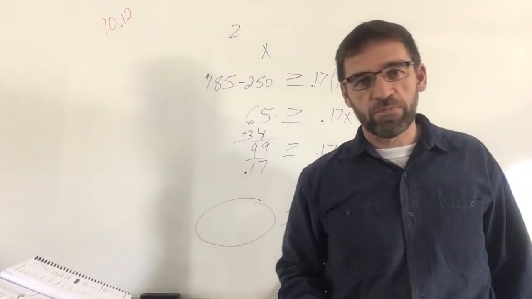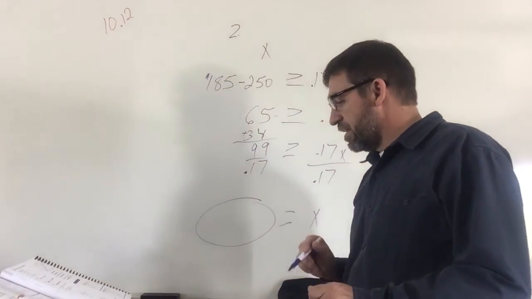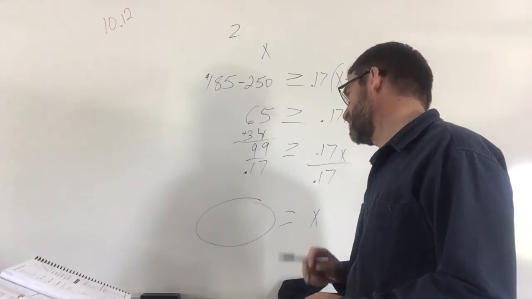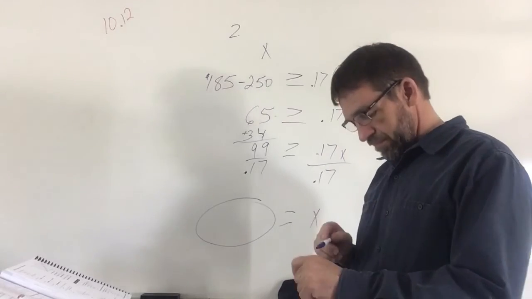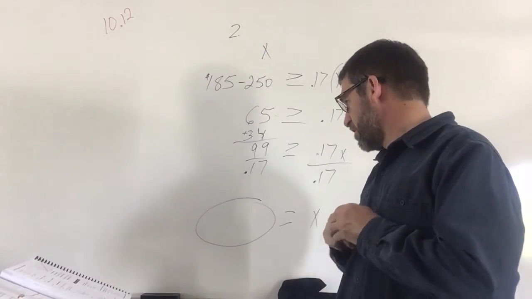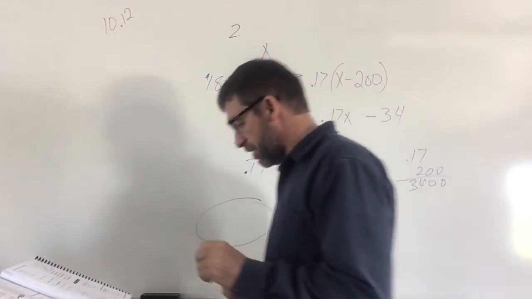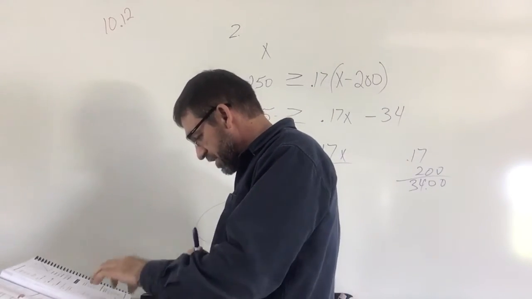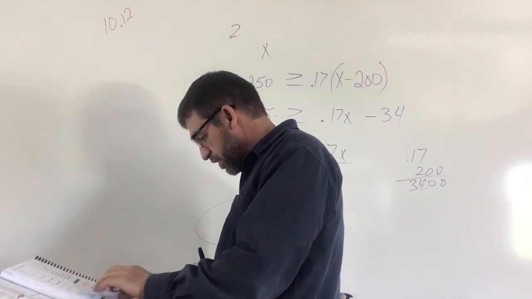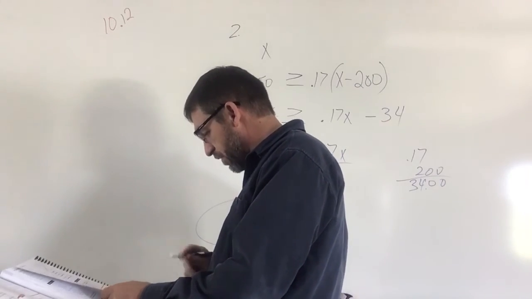I'll let you figure out the math. 0.17 into 99 will tell you how many miles they can drive the car.